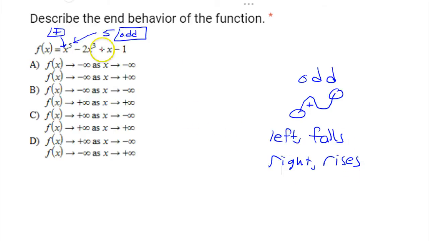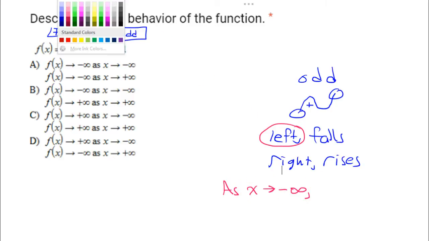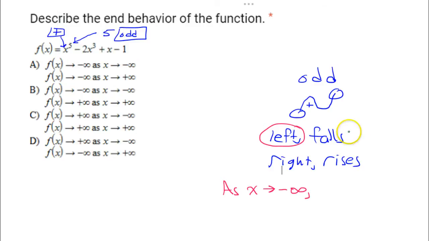So I'm going to translate that into the formal notation of end behavior. Instead of saying on the left, we say as x approaches negative infinity. Instead of saying it falls, we say the function approaches negative infinity.